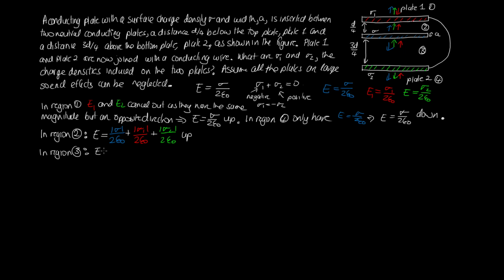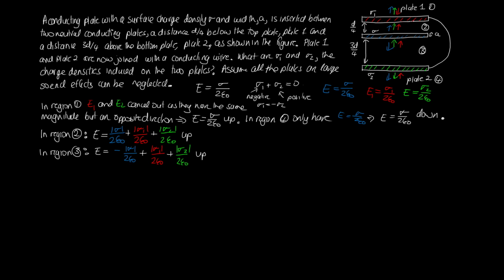So we can say, well, the E in this region is given by minus sigma over 2 epsilon naught plus sigma 1 over 2 epsilon naught plus sigma 2 over 2 epsilon naught. And this is also up, which is why I've written this first one with a negative sign, because it's going down.